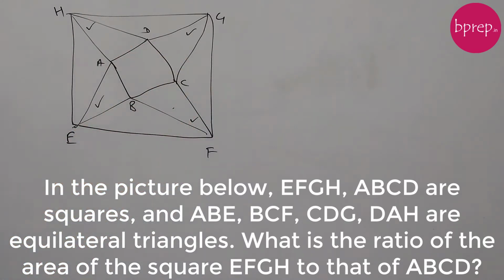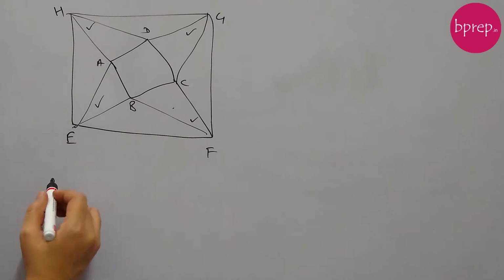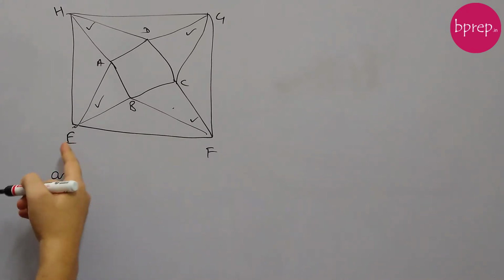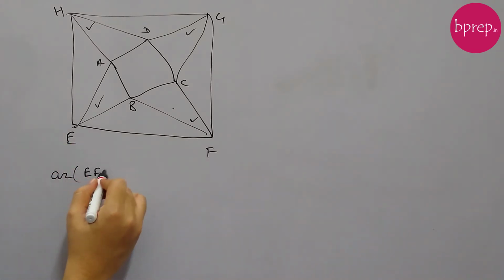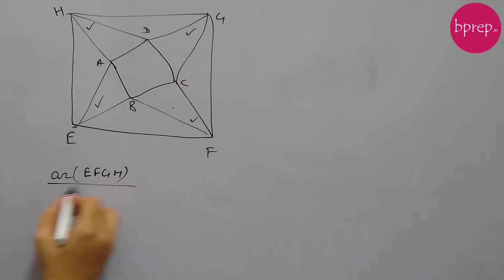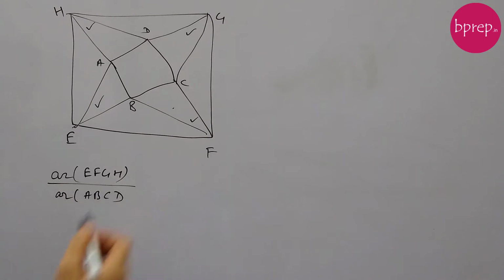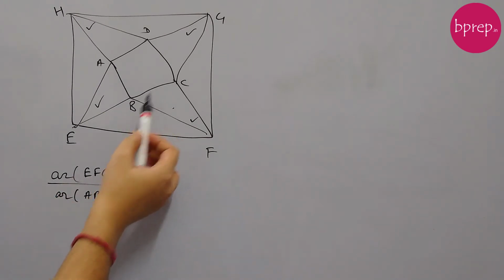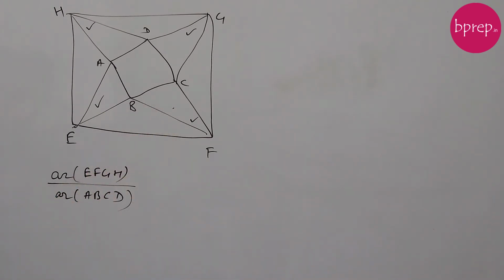Okay, and we need to find out the ratio of area of EFGH to that of area of ABCD. So let's say we'll start from the smaller square and we'll try to establish the relationship between lengths of the smaller square to that of the bigger square.